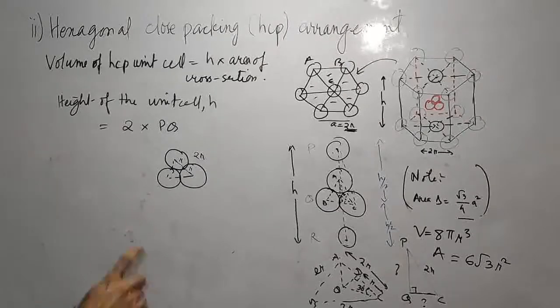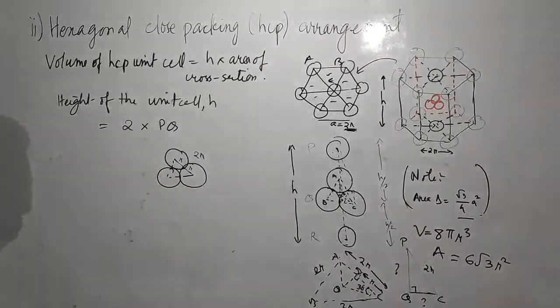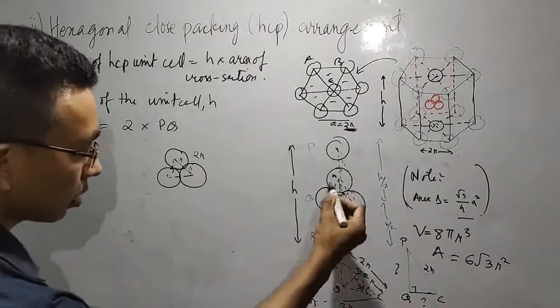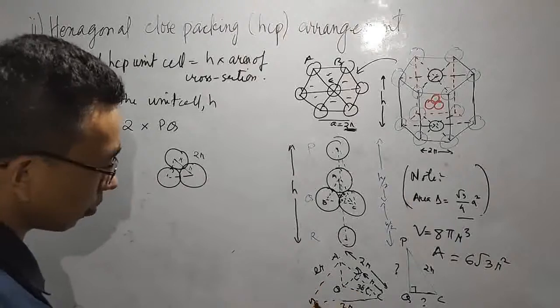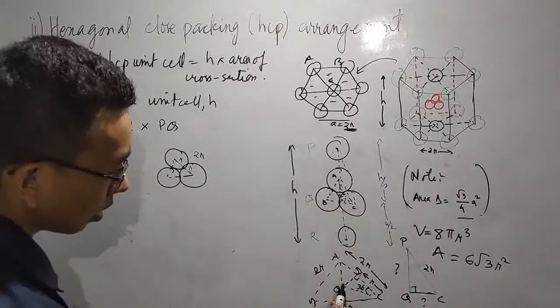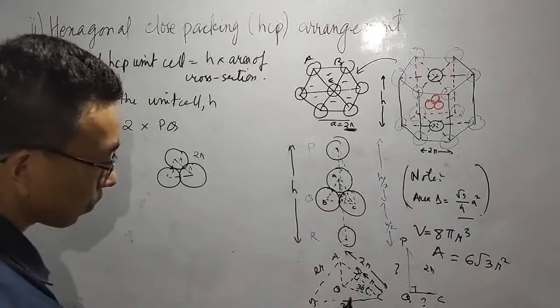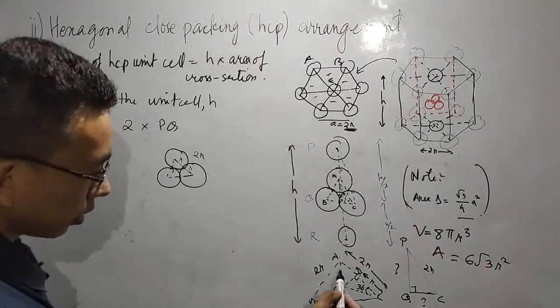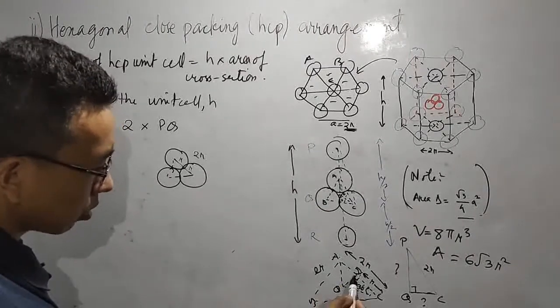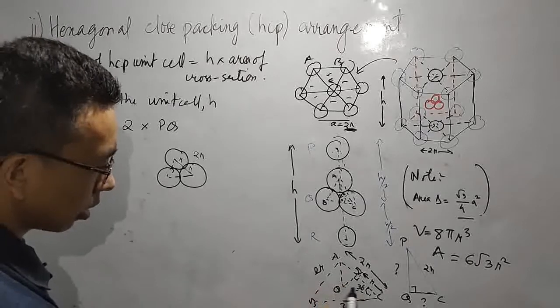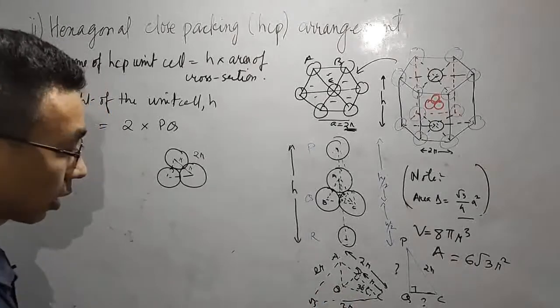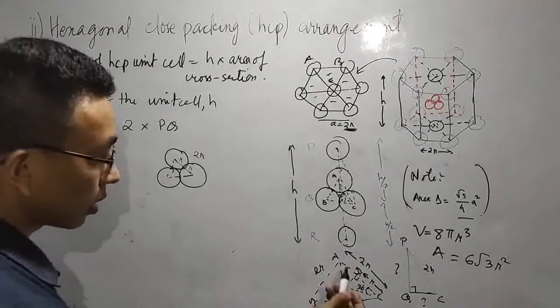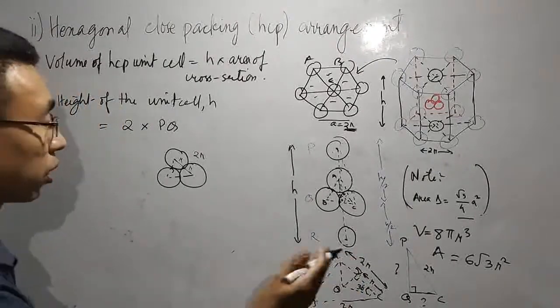It is an equilateral triangle, so all the sides will be 2r. From there we shall extract this portion, which I have shown you here, ABC, and Q is this point. In this triangle, if I draw a perpendicular line, it will divide the side AC into 2 equal halves.